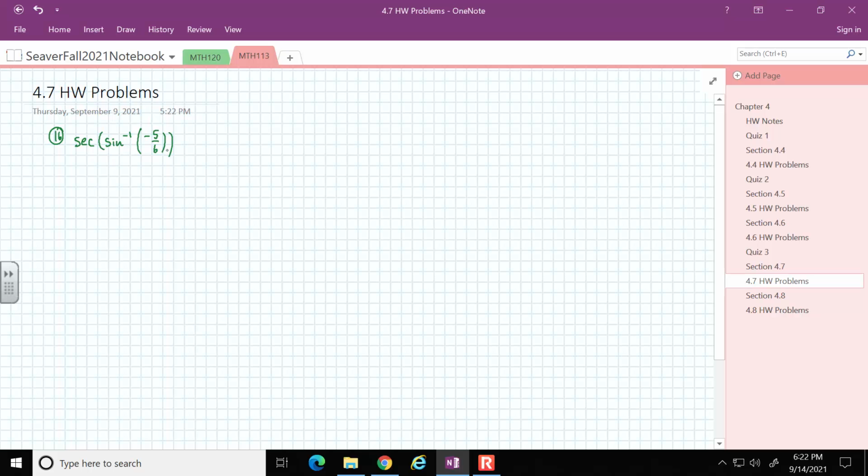Okay, so first question, what quadrant? Where is inverse sine defined? It is going to be in the fourth quadrant, right? The inverse sine is defined between negative pi halves and pi halves.